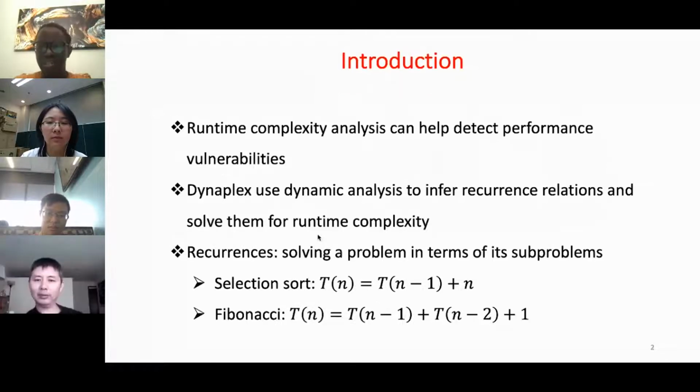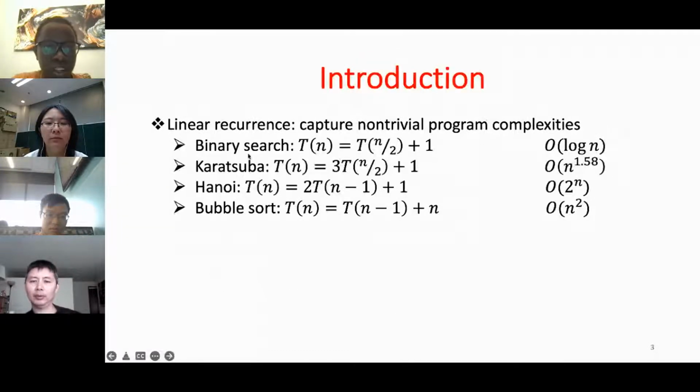Okay, yes. So as I was saying, we use linear recurrences because they are expressive enough to express different complexities: logarithmic, polynomial, exponential, and so on.